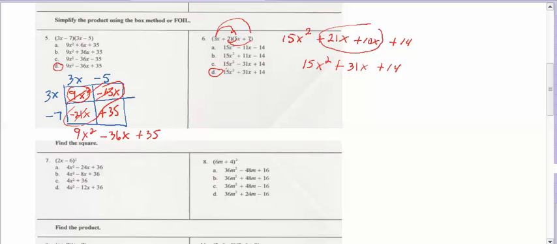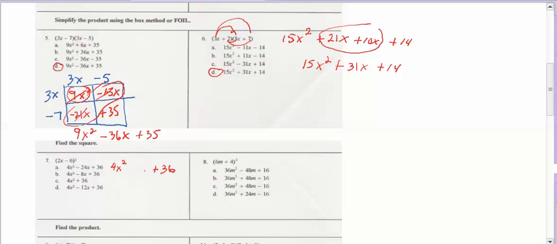Okay, so number 6. Now number 7, we're going to find the square. So if you remember, this is a special case. I'm going to square the first term, so 2 times 2 is 4x squared. I'm going to square the last term, 6 times 6, 36.